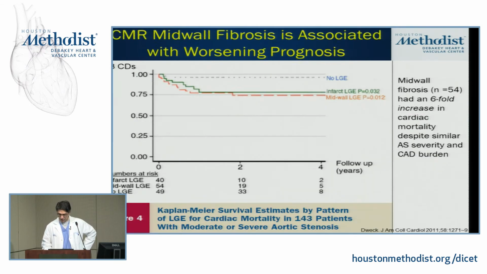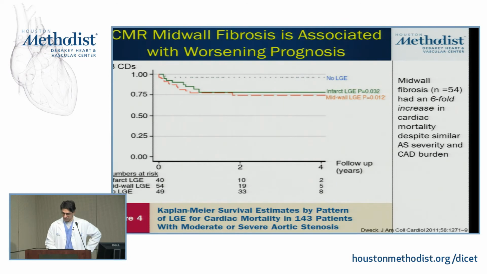And studies have shown that if you take patients with aortic stenosis, perform an LGE on them, and then follow them through time, those patients who have no LGE, these were moderate to severe aortic stenosis, tend to fare very well in the long run. There was no adverse cardiac death.